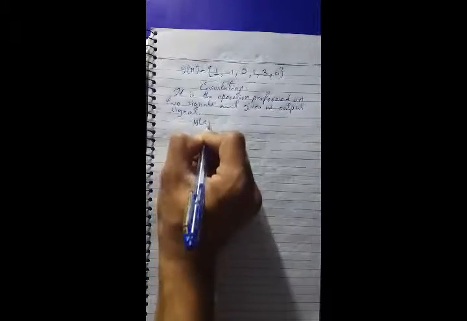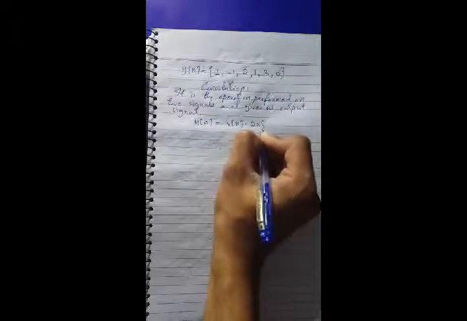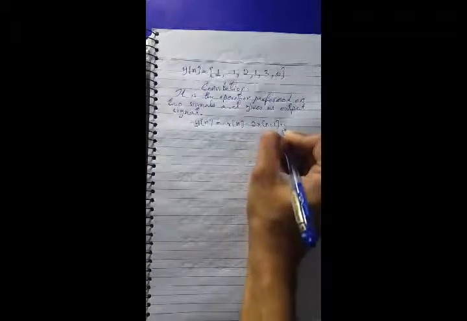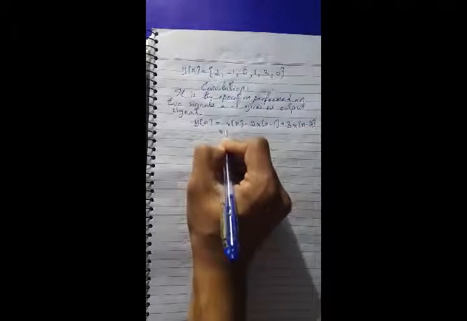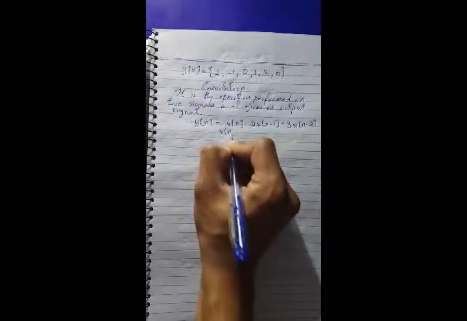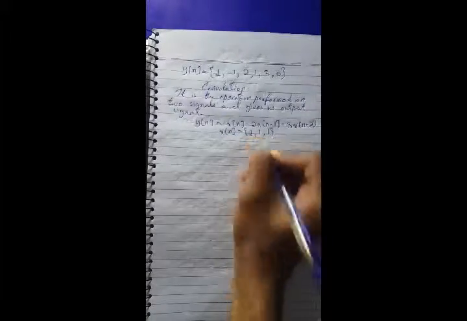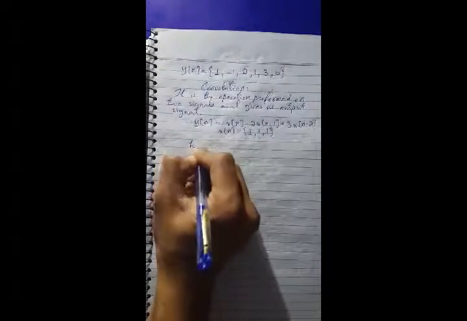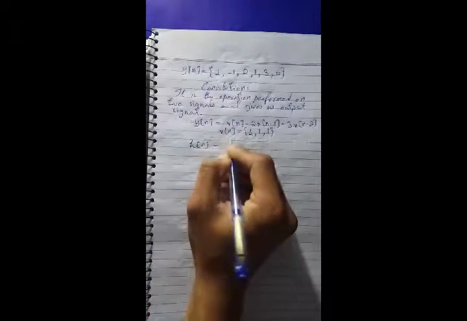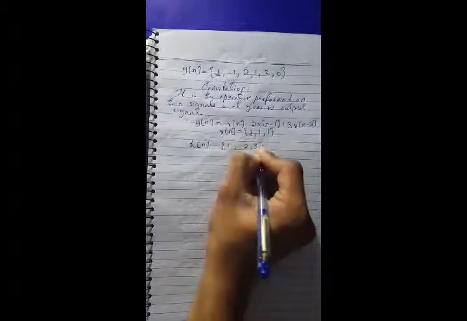So we will take the same example. y of n is equal to x of n minus 2 into x of n minus 1 plus 3 into x of n minus 2, where x of n is 1, 1 and 1, and we have the impulse response h of n equal to 1, -2 and 3.